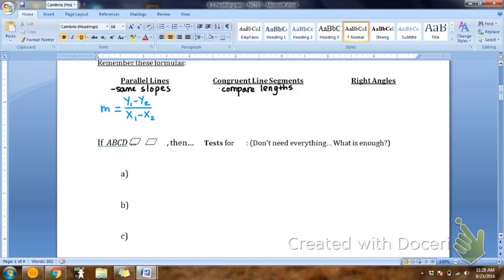What formula did we use to find the length? What else means length? The distance. So if they ask you if things are the same length, you're going to use the beloved distance formula. x1 minus x2 squared. Please make sure your 1 and 2 are not exponents. They are subscripts. Plus y1 minus y2 squared.